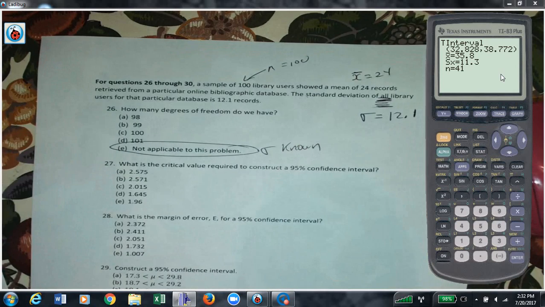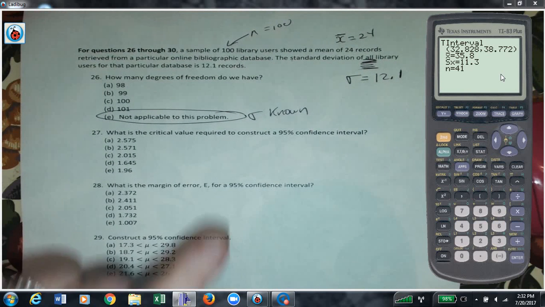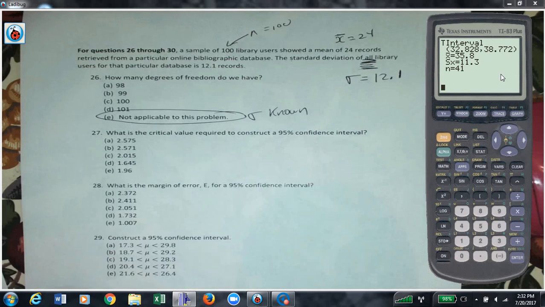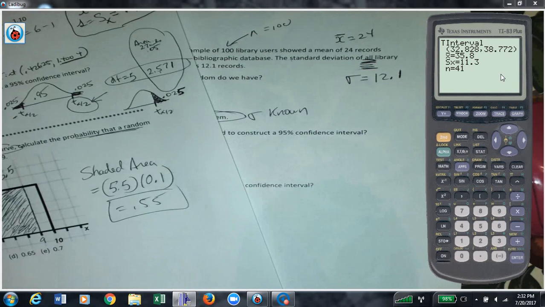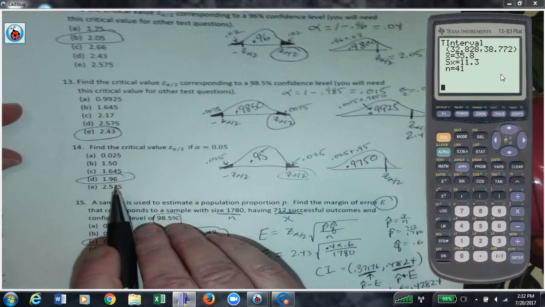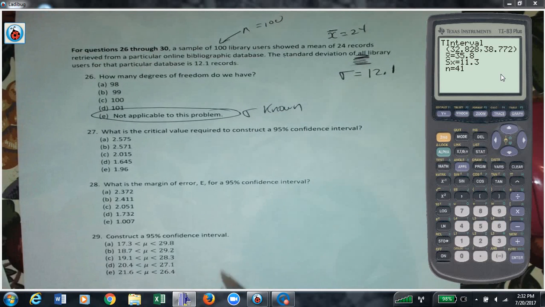I don't use degrees of freedom unless sigma is unknown. So what's the critical value required to construct a 95% confidence interval? I did that before. That was actually number 14. So it was 1.96.